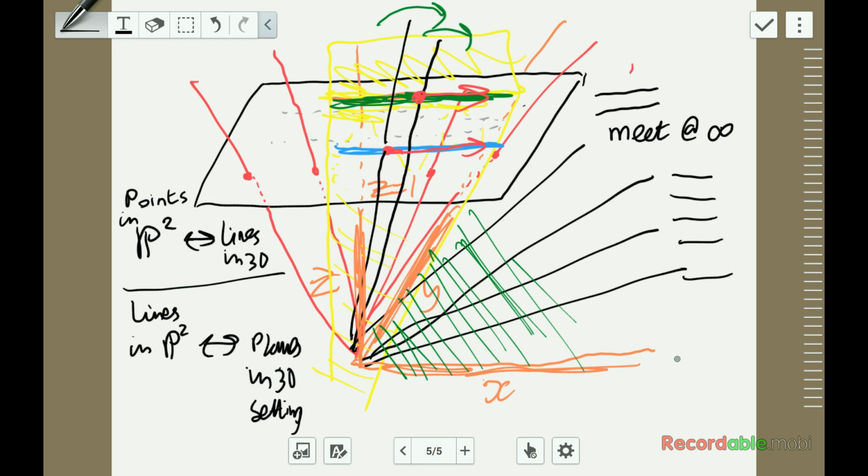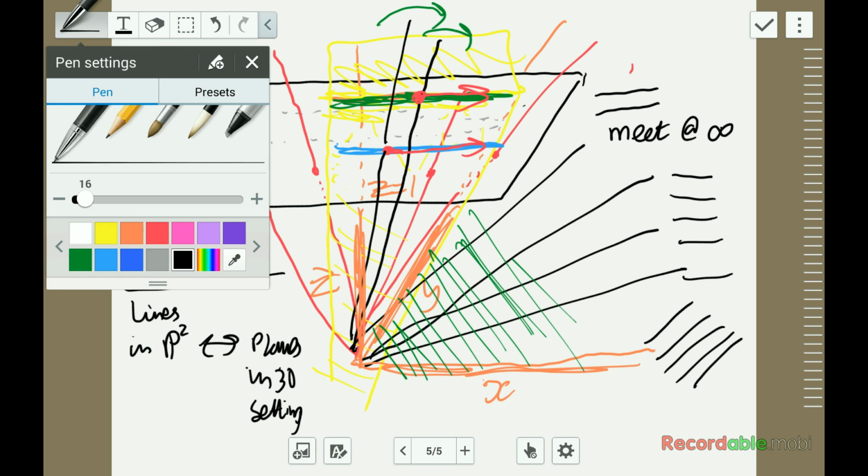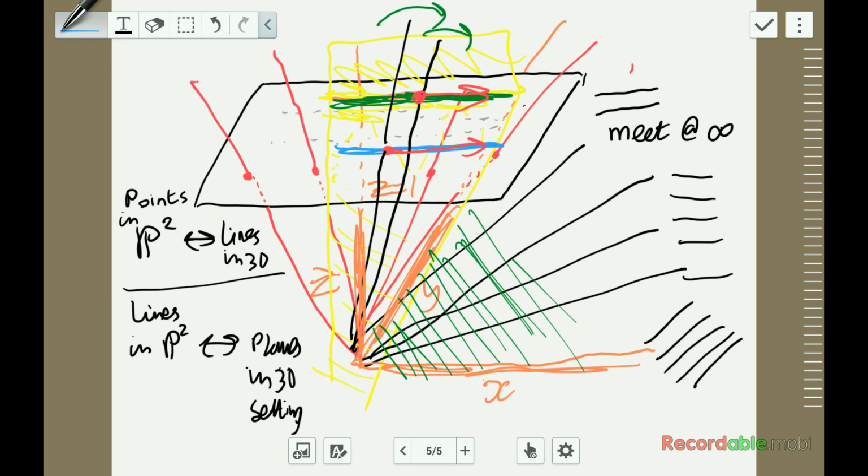And if we have a set of other parallel lines in a different direction, well, they're all going to meet at a different point at infinity. So what we actually have around the projective plane is a sort of great circle at infinity, which holds all of the places where different direction parallel lines meet.